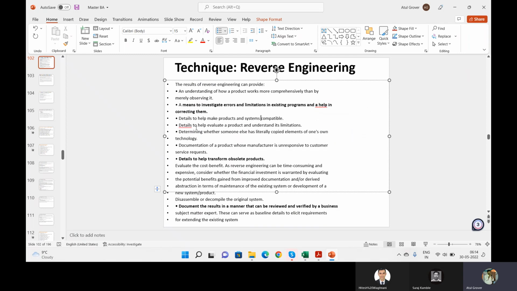It helps to make products and systems compatible because now you are studying the tool or product from the current state, not from the background. It also helps determine whether someone else has literally copied elements into their own technology. Sometimes in reverse engineering we identify that the code or logic that is written was developed by someone in their own way instead of following best practices.